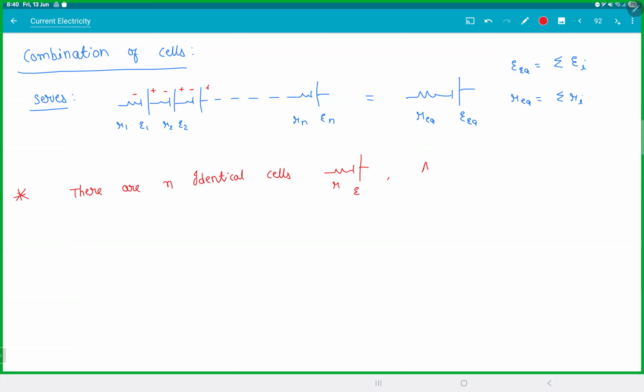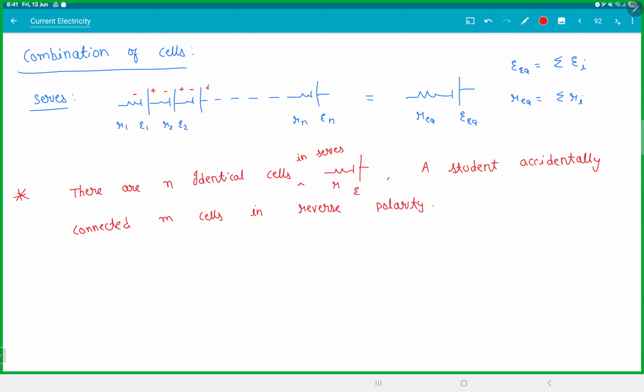A student accidentally connected m cells in reverse polarity. Find the equivalent EMF and the equivalent resistance.